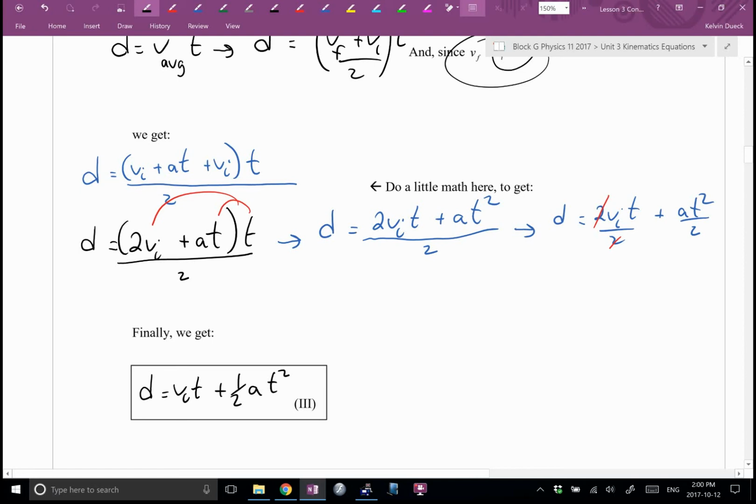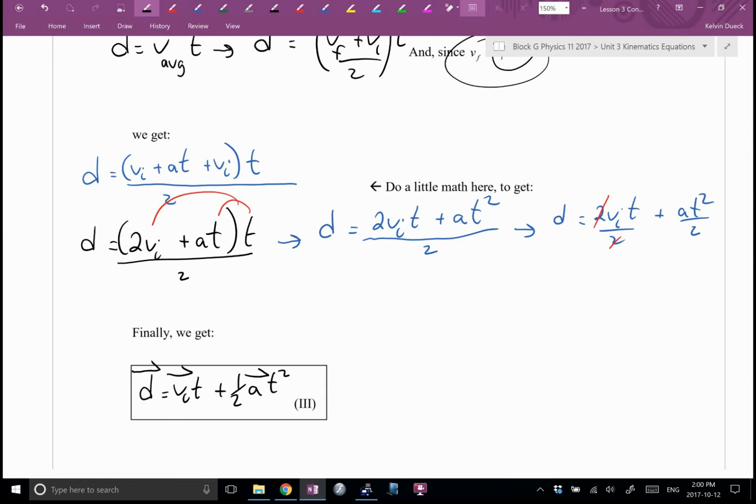This is the scalar version. Distance equals initial speed times time plus 0.5, a half, times the acceleration times time squared. Use your x squared button on your calculator. If you want the vector version, displacement, velocity, acceleration still works. That's the third equation.